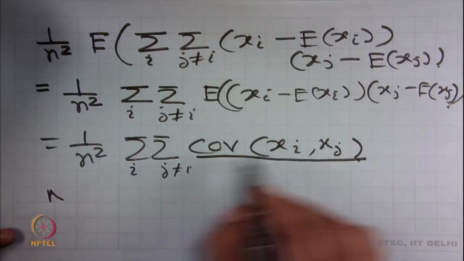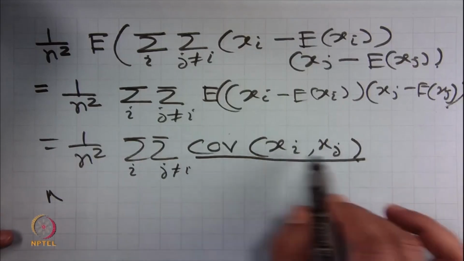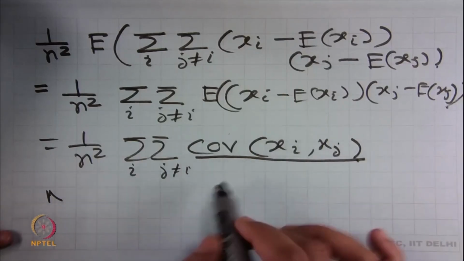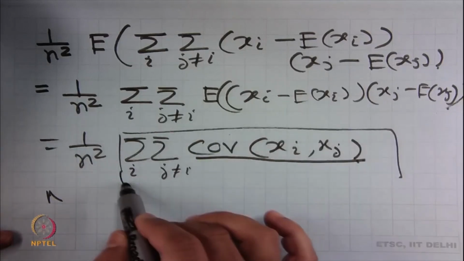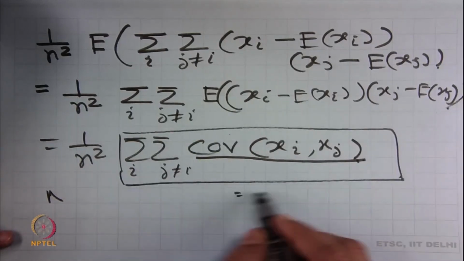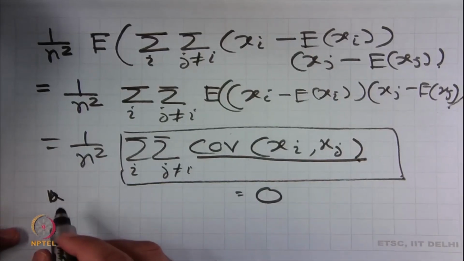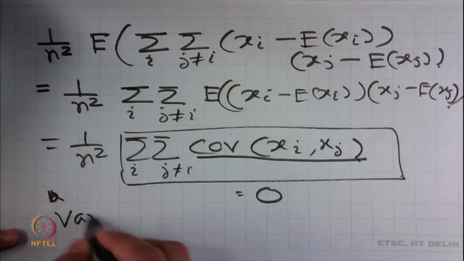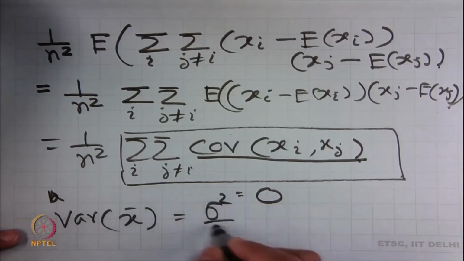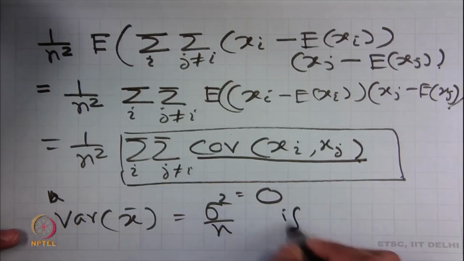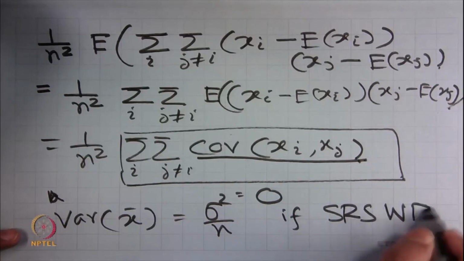Therefore, if we are considering simple random sampling with replacement, then each of the covariance terms will become 0. Therefore, we are left with variance of x bar equal to sigma square by n if simple random sampling with replacement.